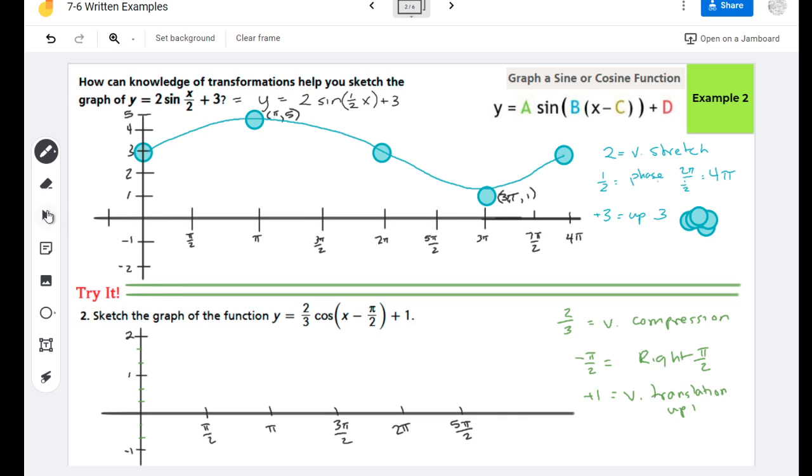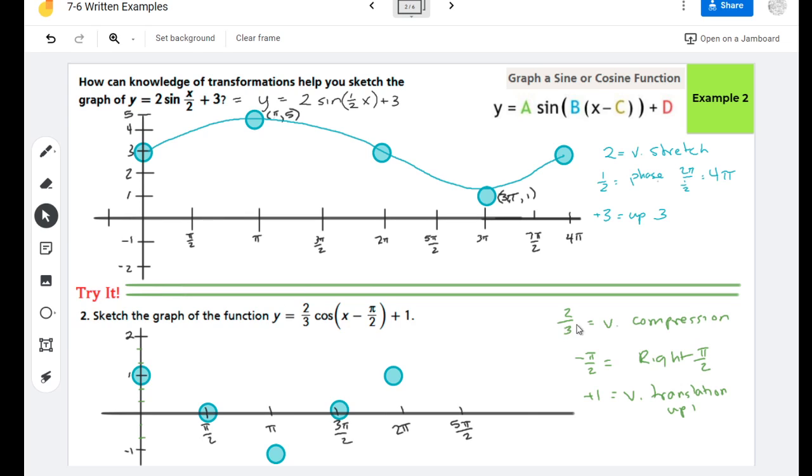So let's start with our anchor points. This is a cosine graph. The cosine's almost like that funky V, right? So it starts at 1, goes to 0, goes to -1, goes to 0, goes to 1. Alrighty. Now we're going to do each part here.